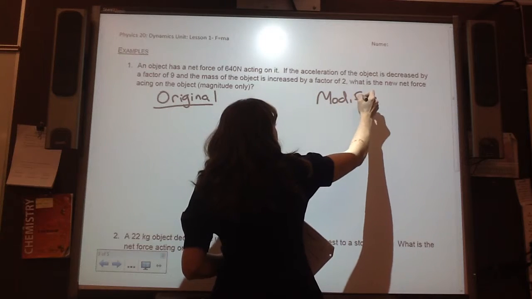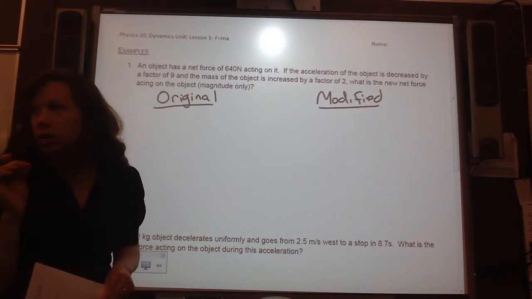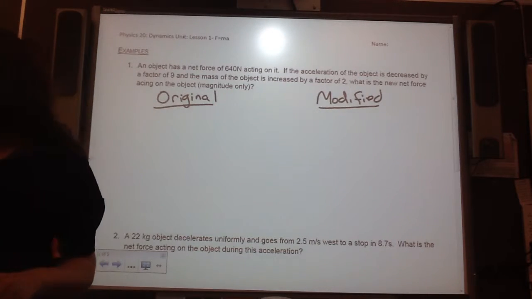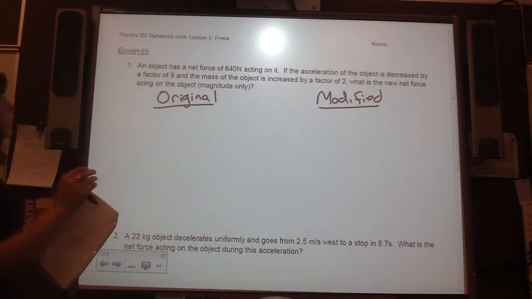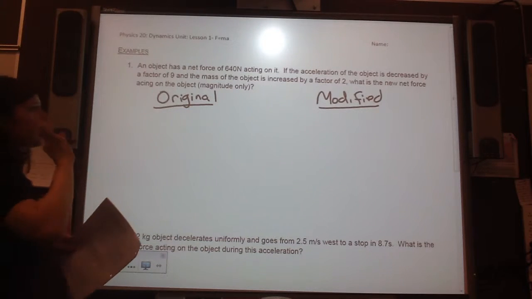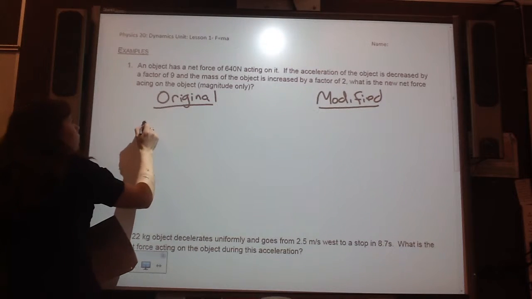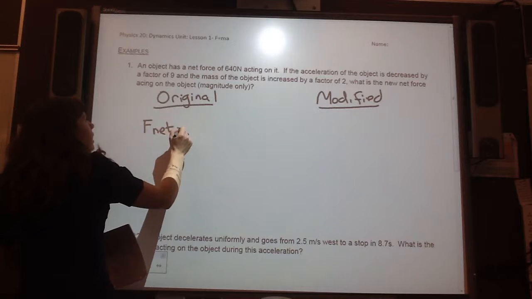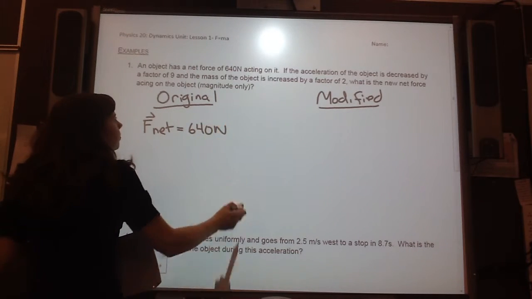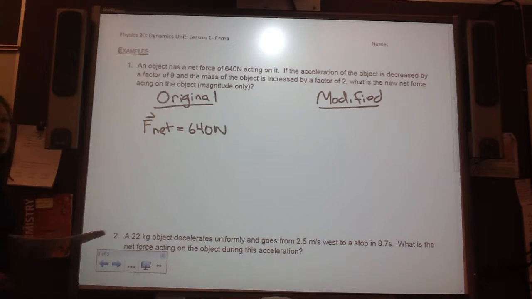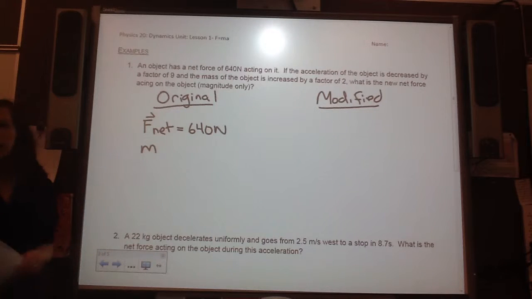It's very important that you pay attention to how to approach this, because you'll have to do it all through Physics 32. For the original, put down everything that was at the beginning. It had an F net of 640 newtons. We're just told it's an object, so the mass is just m.